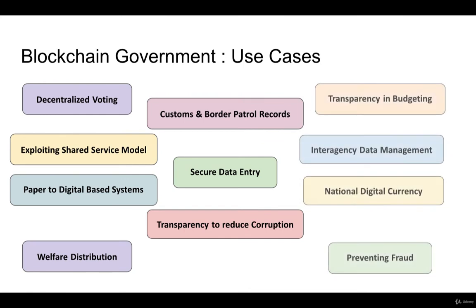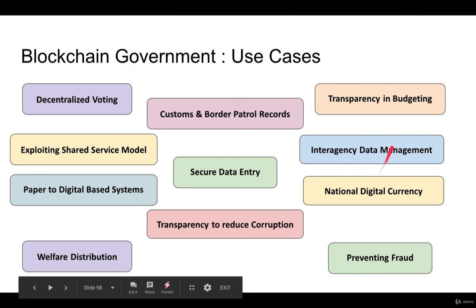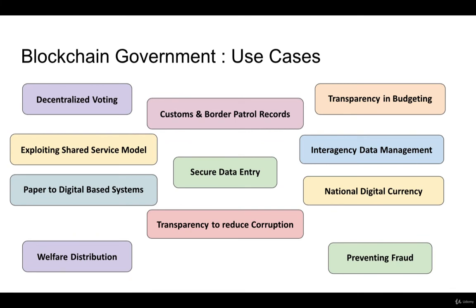And then we have transparency also in budgeting. Budgeting plays a very important role in the government in terms of the economic growth of the government, as well as the prosperity of the country and the economic status of the government. Very often a lot of money is wasted in terms of maintenance of records, as well as a lot of other processes which could be automated.